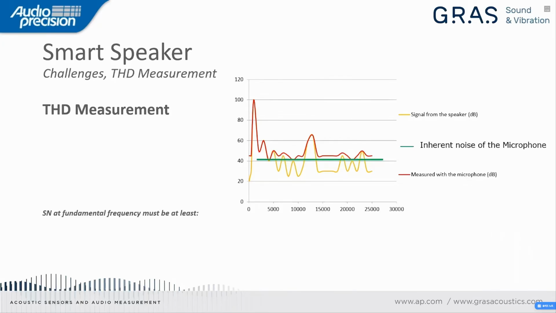Challenges when we are doing measurements. We talked before about THD measurements, and especially when we are doing rub and buzz measurements, where we have a fundamental frequency, normally at lower frequencies, and would like to see the performance at higher frequencies.